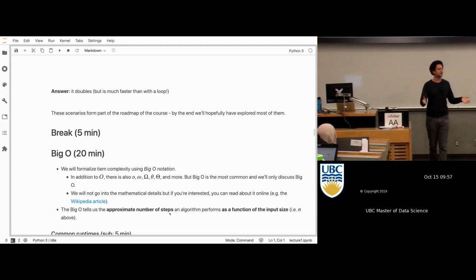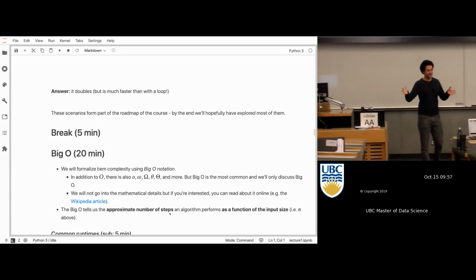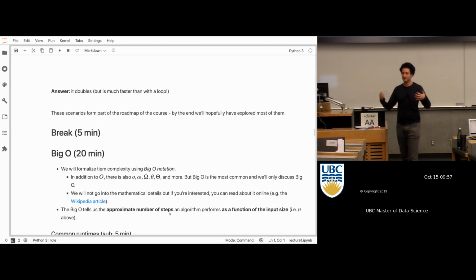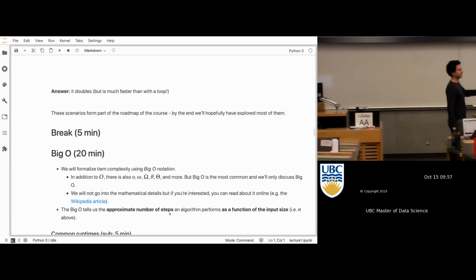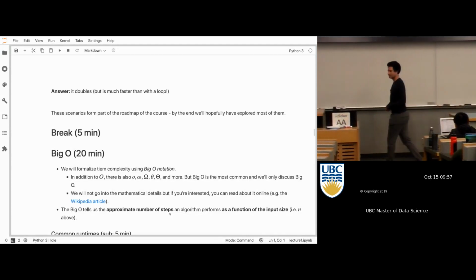So it's kind of a function of n that tells you roughly how slow this thing is going to be as a function of n. Because the number of steps that the algorithm has to take is kind of a proxy for how many seconds or minutes it's going to take, because the more things you have to do, the longer you're going to have to sit there waiting.